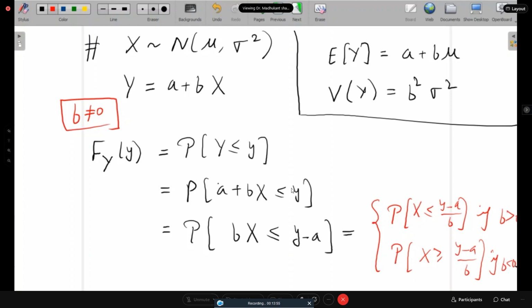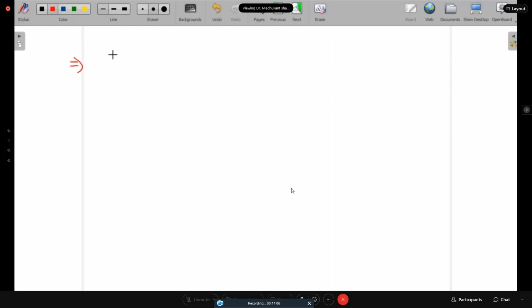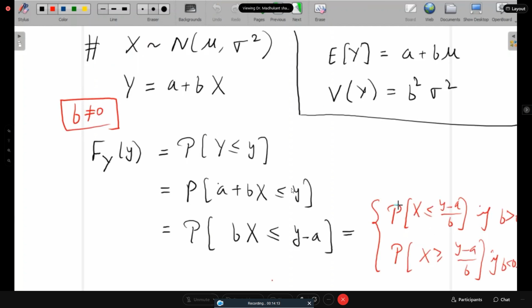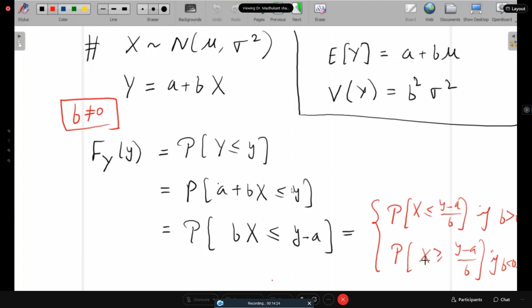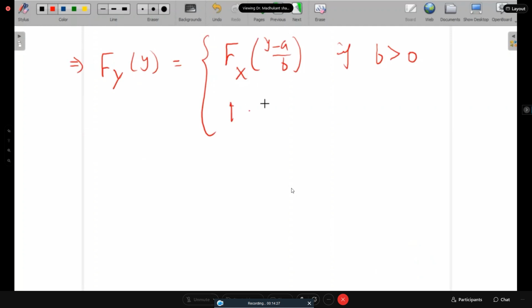Okay. Now this implies F_Y of y is equal to F_X at (y minus a) by b if b is greater than 0, and it is going to be 1 minus F_X of (y minus a) by b if b is less than 0.